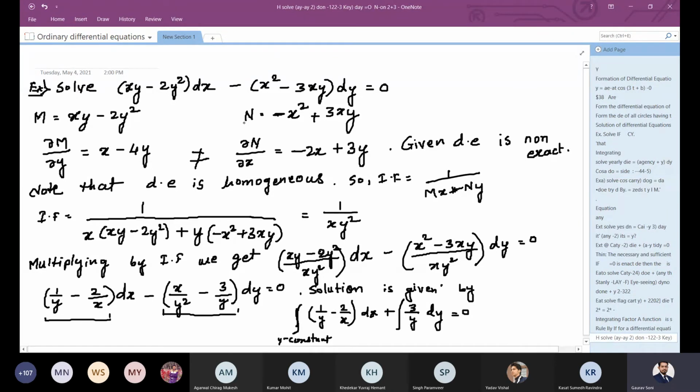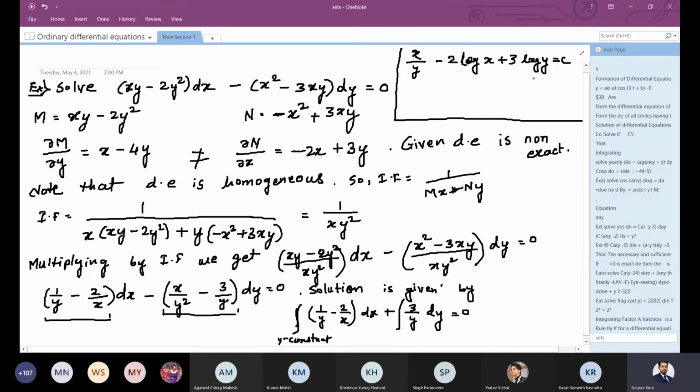So I'll write it down here at the top right corner. The solution here will be x by y minus 2, the integration of 1 upon x, which is log x. Integration of 1 upon y is log y, equal to c. This is the final solution.